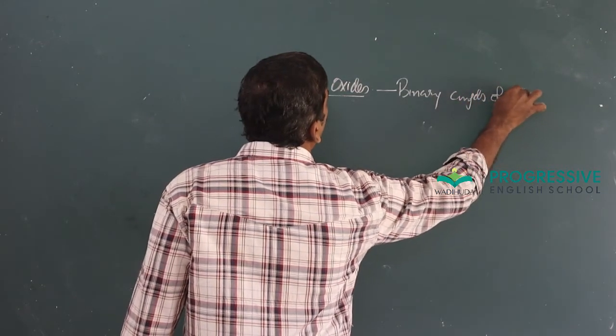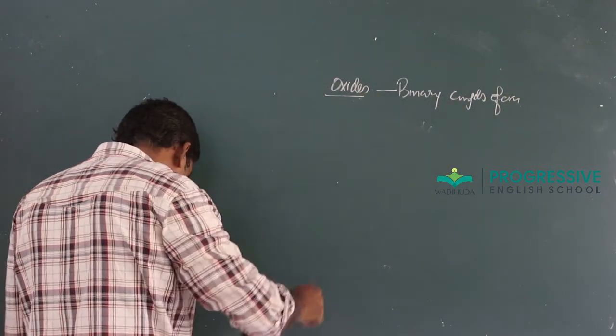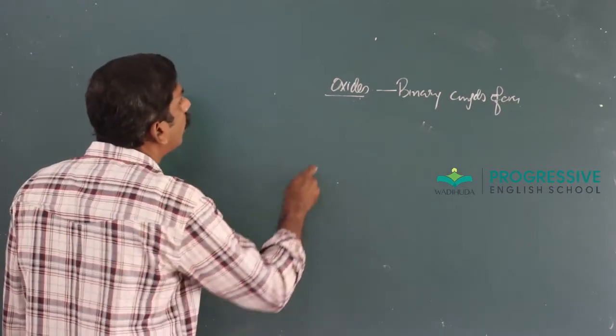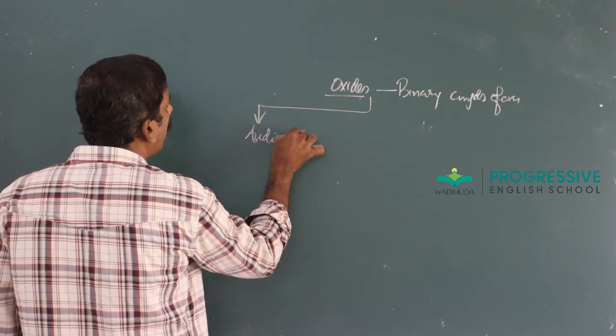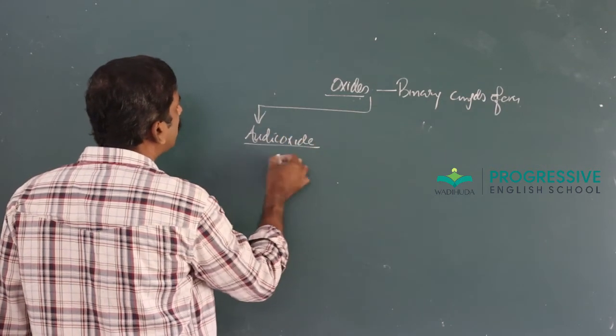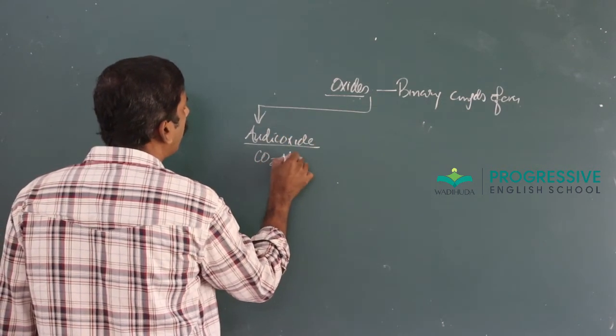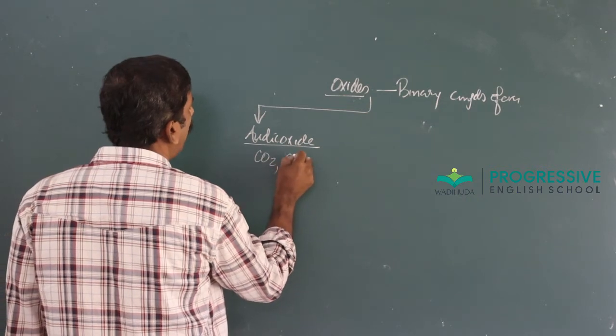Once more I repeat, oxides are binary compounds of oxygen. These oxides are divided into: first, acidic oxides, those oxides which react with water to form acid.